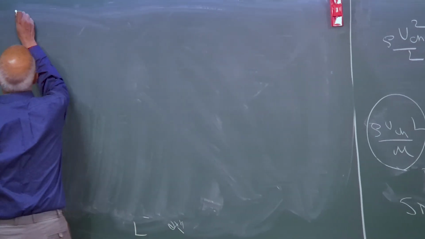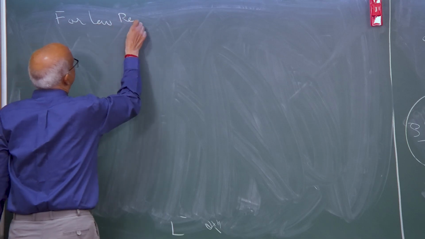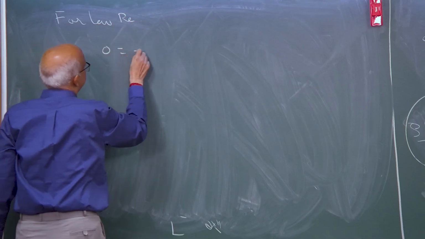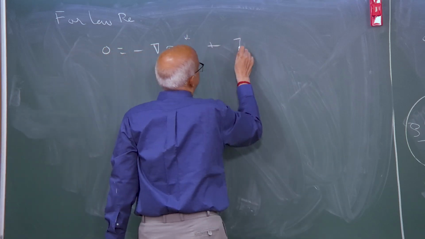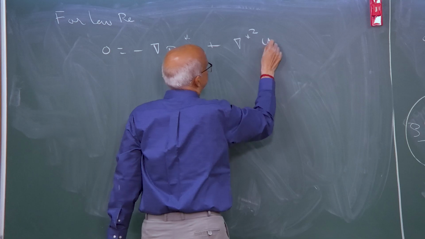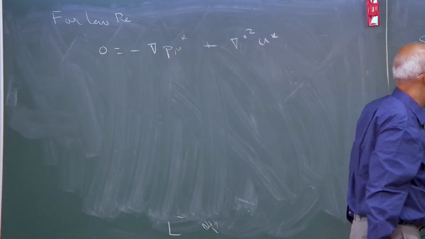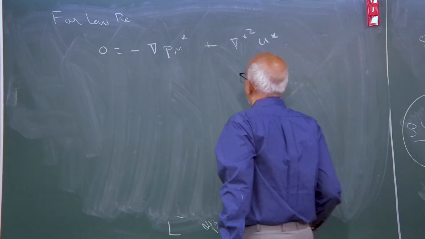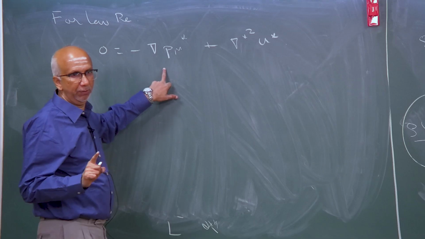So, for low Reynolds number, we can say 0 equals minus gradient of P_m star plus del star squared u star, and so, clearly this is your creeping flow limit.